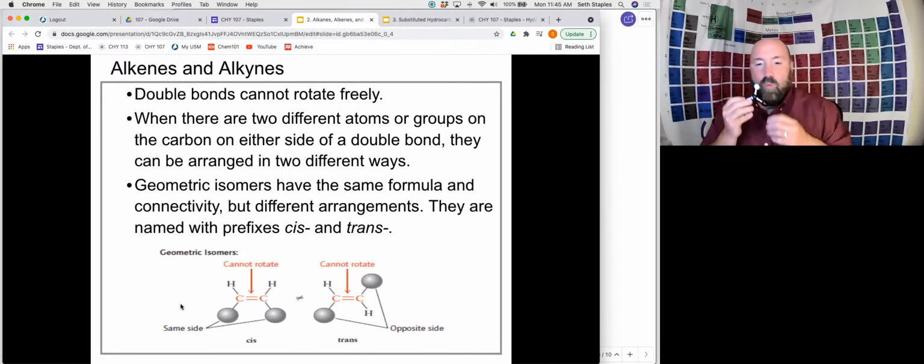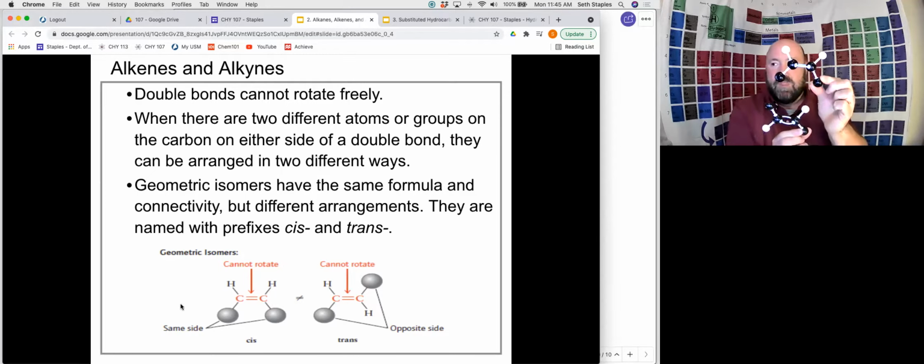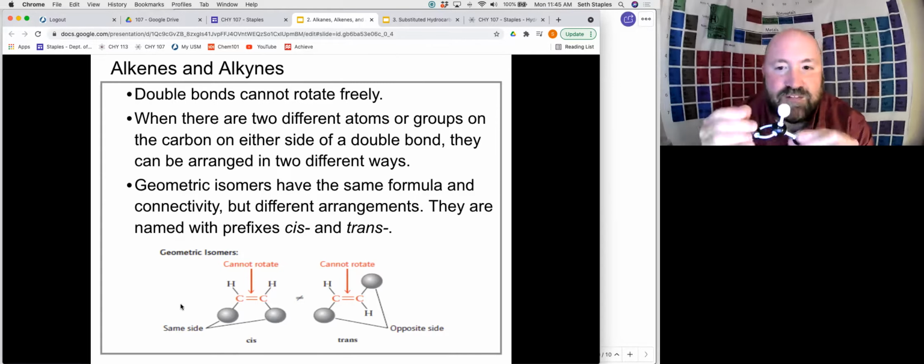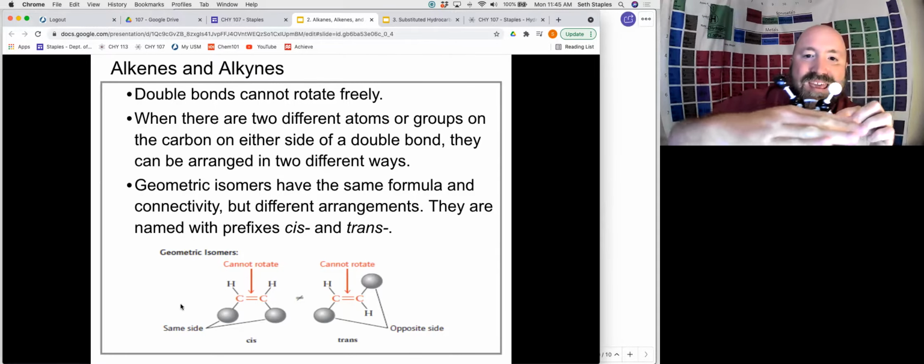When we're naming something like this, what we have to do now is also identify a difference between these 2 molecules here. Hold those in such a way that you can actually see them. Look at this one. Since these can't rotate, we look at the plane of our double bond.